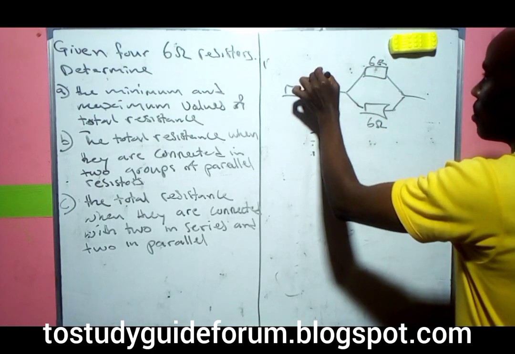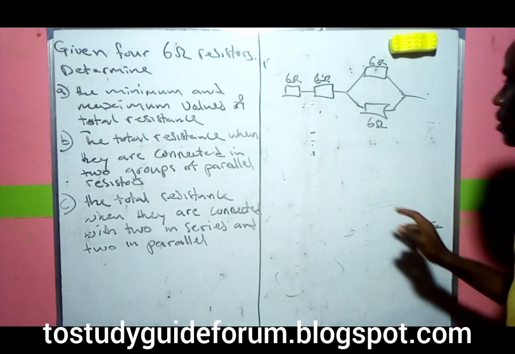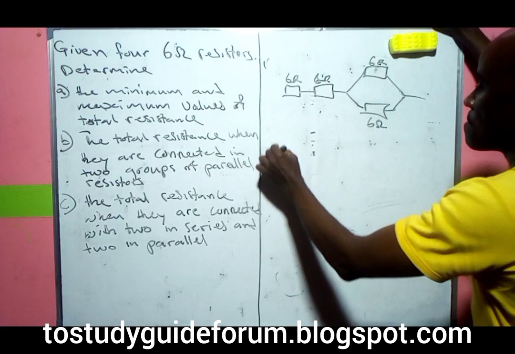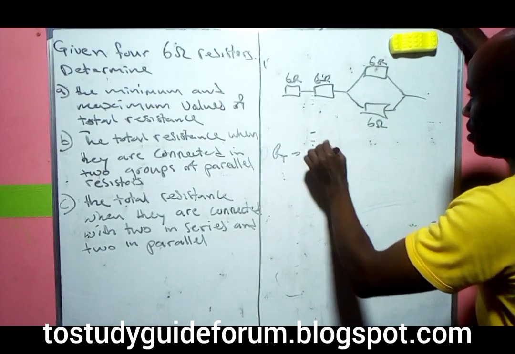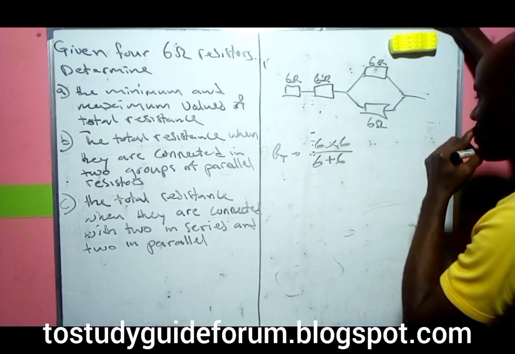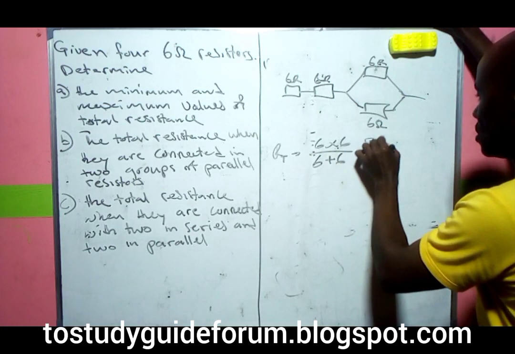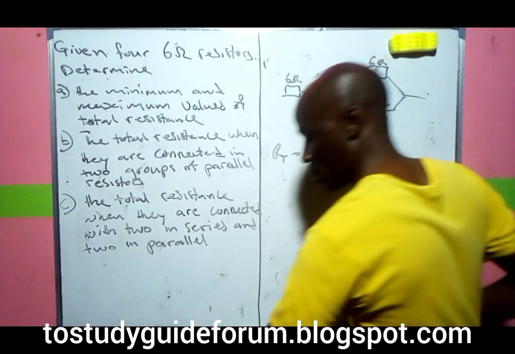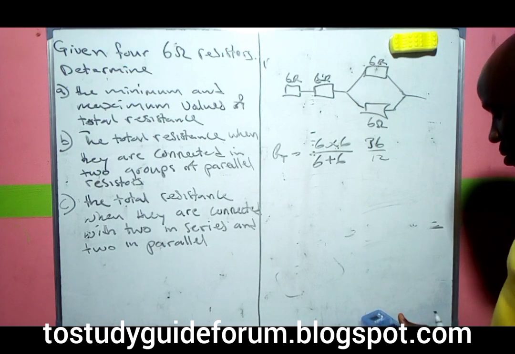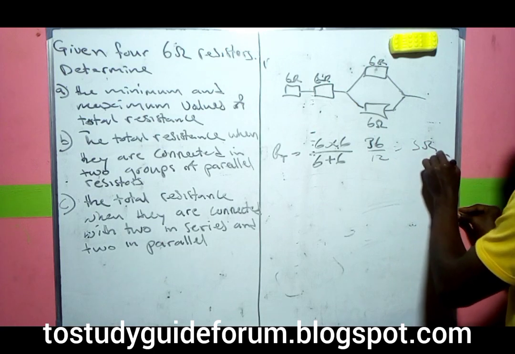The parallel part gives a total resistance of 6 times 6 over 6 plus 6. This gives 36 divided by 12, which is 3 ohms.